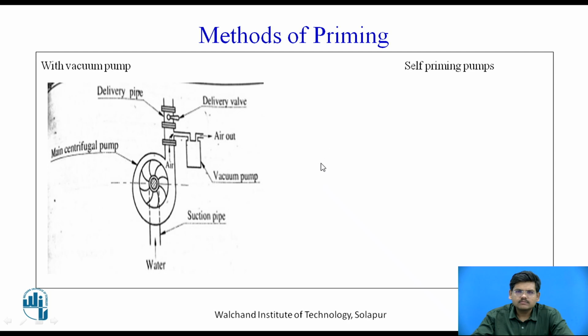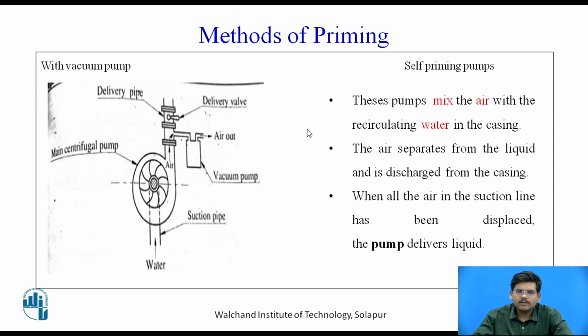Now next we have self-priming pumps. As far as self-priming pumps are concerned, these pumps mix the air with the recirculating water in the casing. The air separates from the liquid and is discharged from the casing. When you start the pump, it will start moving and discharge the air occupied by the fluid.